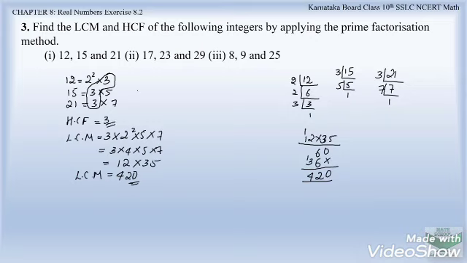Now moving to the next problem, that is 17, 23 and 29. Let us factorize 17 first. We all know that 17 is not divisible by any number. Since 17 is a prime number, it is divisible by itself or the number 1. Then coming to number 23, again 23 is a prime number because it is not divisible by any other number.